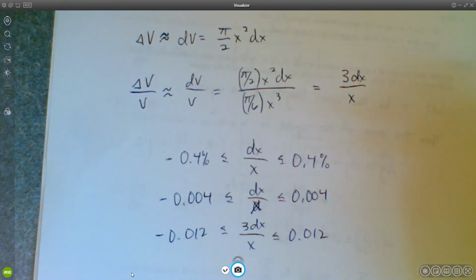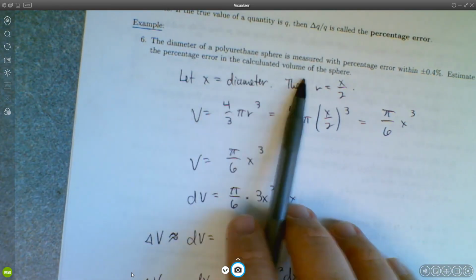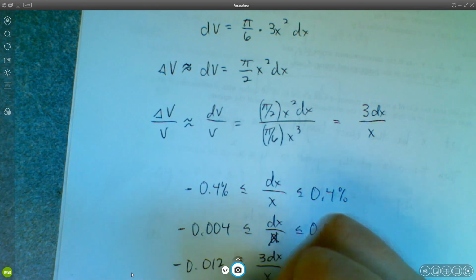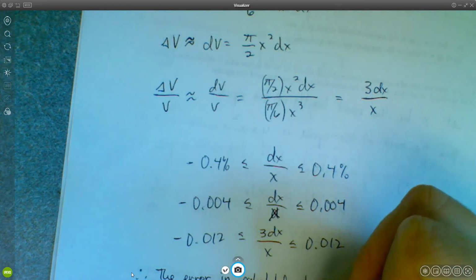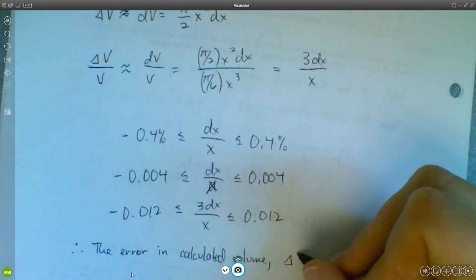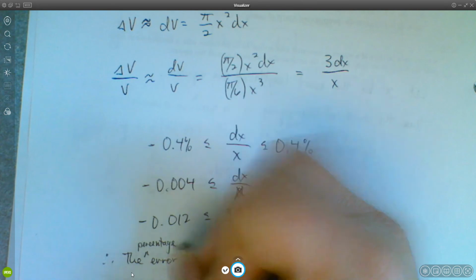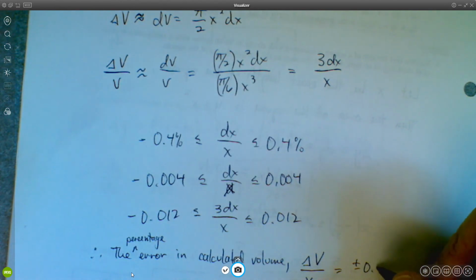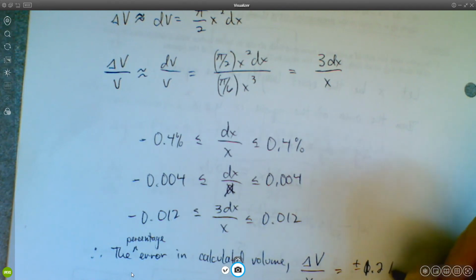And so there you go, right? So as a percentage, the percentage error in calculated volume, delta V over V, equals plus or minus 1.2%.